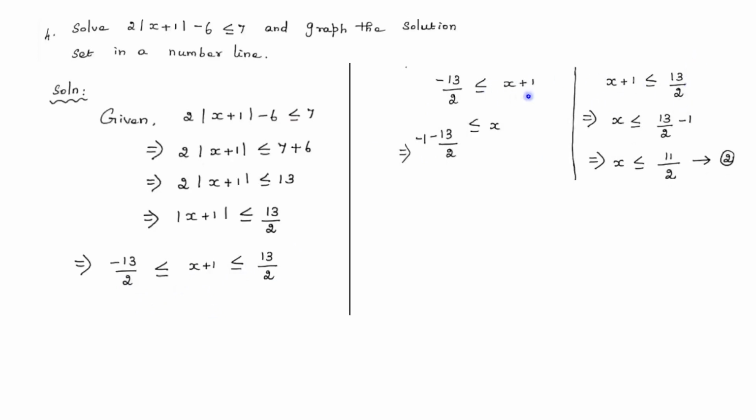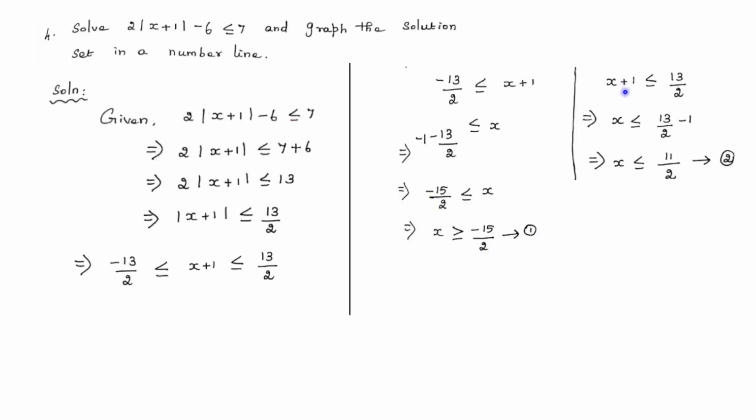Okay, this plus 1 comes to this side as minus 1. So minus 1 minus 13 by 2 less than or equal to x. Then you have to cross multiply that. We will get minus 15 by 2 is less than or equal to x. This may be written as x is greater than or equal to minus 15 by 2, and I have to mark this as the first one.